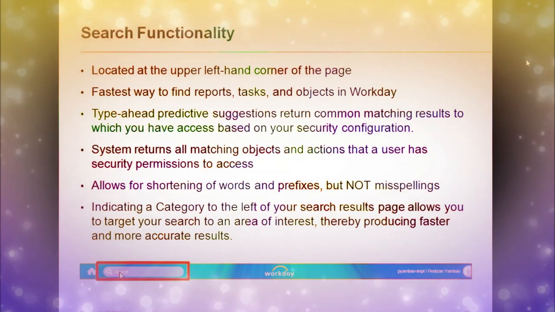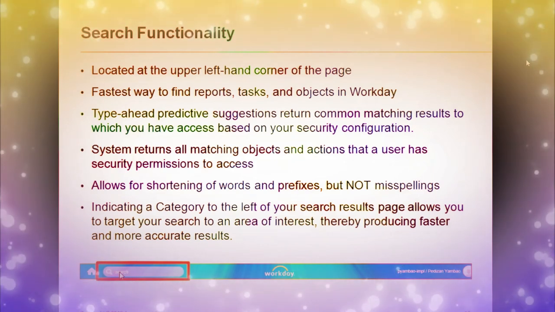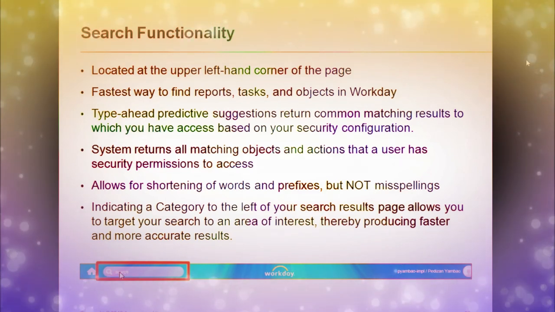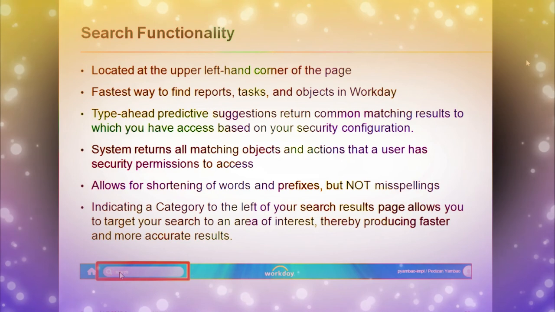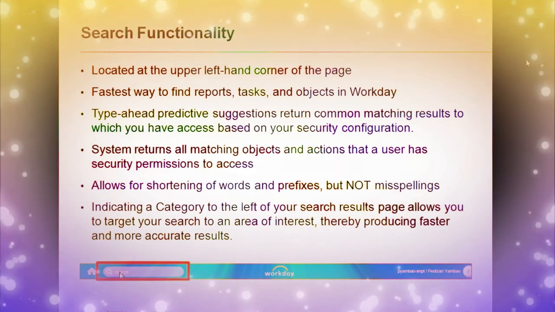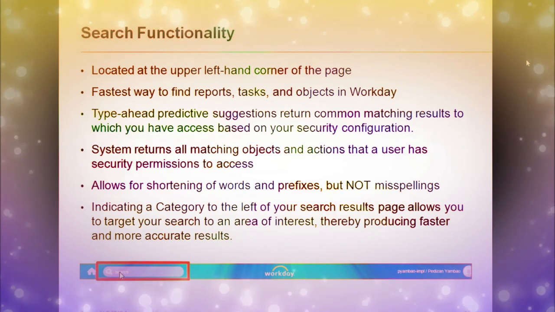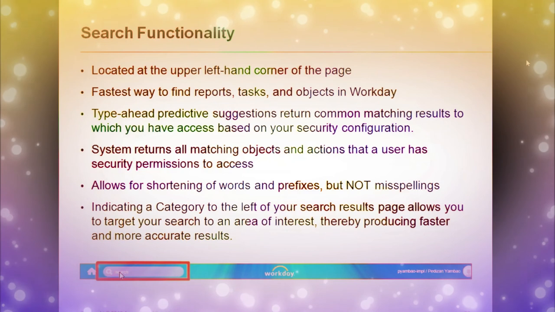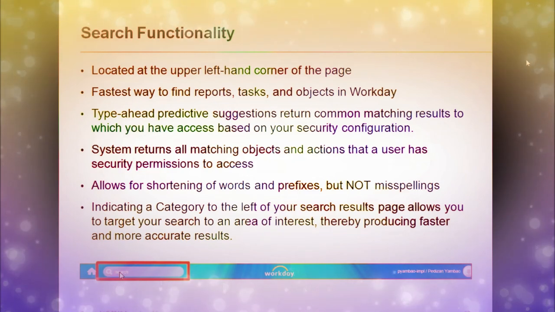If I type compensation, all the patterns that match compensation, all the reports or the details or the tasks or the actions related to compensation will display. For example, some 6,000 results are getting displayed. Can I go and check all 6,000? It's not possible and it's a waste of time.